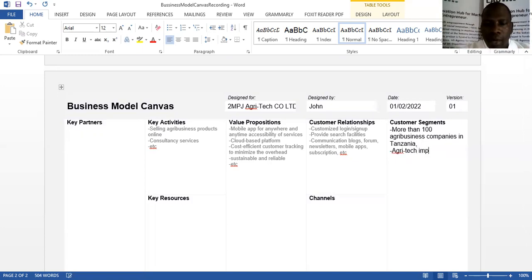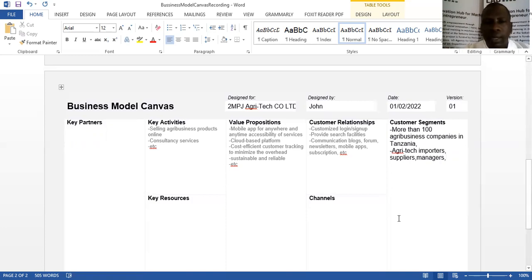They could be one of the segments, so that we can know what service or product we can offer. Also the suppliers as well, the managers maybe for hotels or big hotels, restaurants, and other things like that.